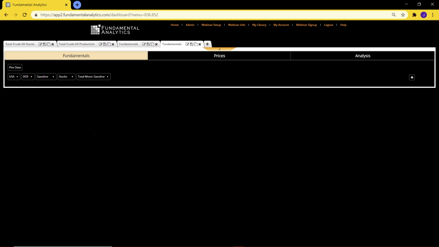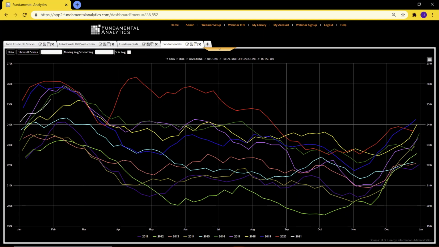And get total motor gasoline, total U.S., and we plot the data. And you see the inventories on gasoline are much more seasonal because of the summer driving and then the fall and winter lows.